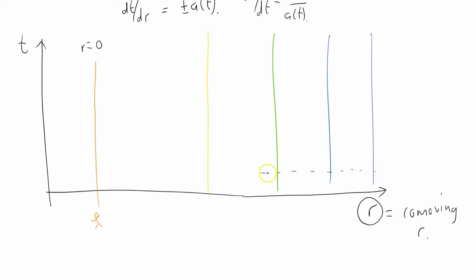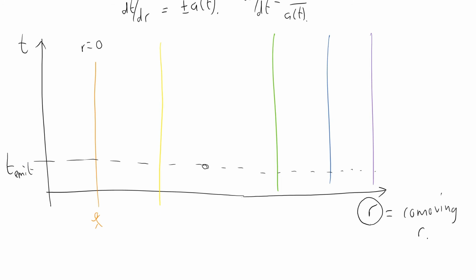Okay, so what I'm going to do now is choose an instant of time, and I'll draw Mr. Yellow Galaxy a bit closer. And what he's going to do is emit a photon. This is t emit, time emitting.